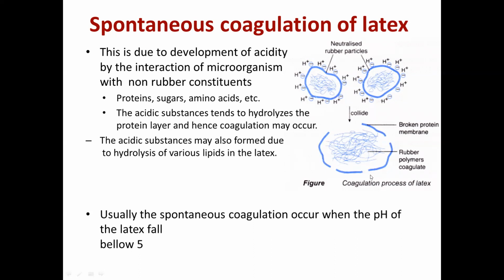It is broken down. After the protein layer is broken down, the polymer starts coagulation. So this spontaneous coagulation usually occurs at the pH of 5. After pH 5, the spontaneous coagulation usually occurs.